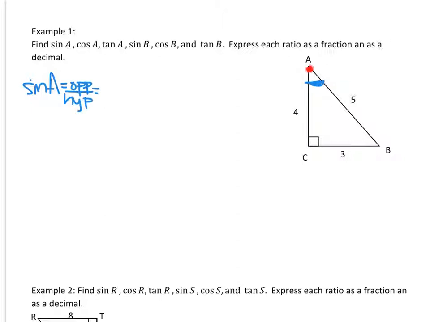So sine A, we're using angle A, so 3 is opposite angle A, and 5 is our hypotenuse. So we're going to have 3 over 5, which is 0.6.